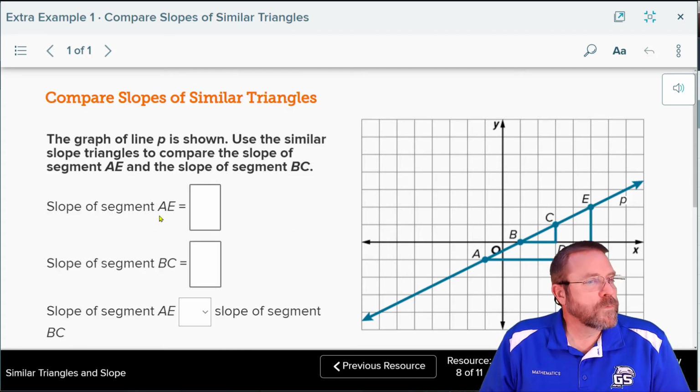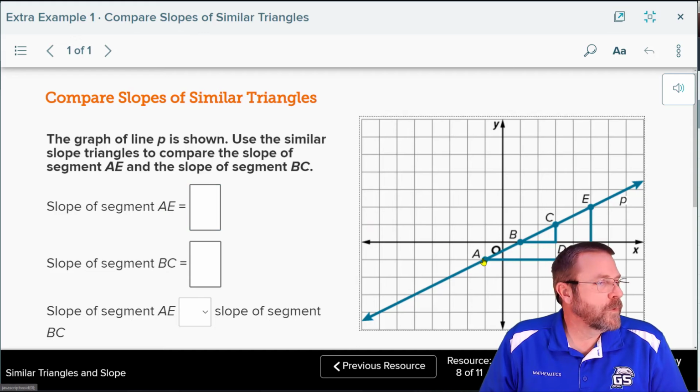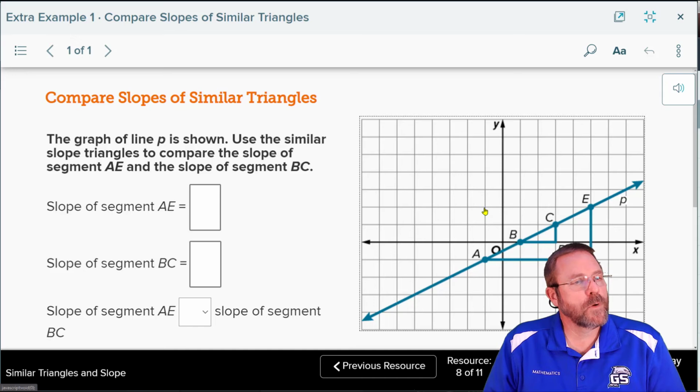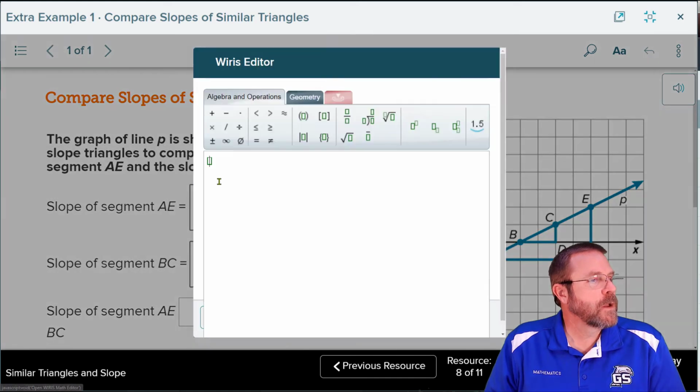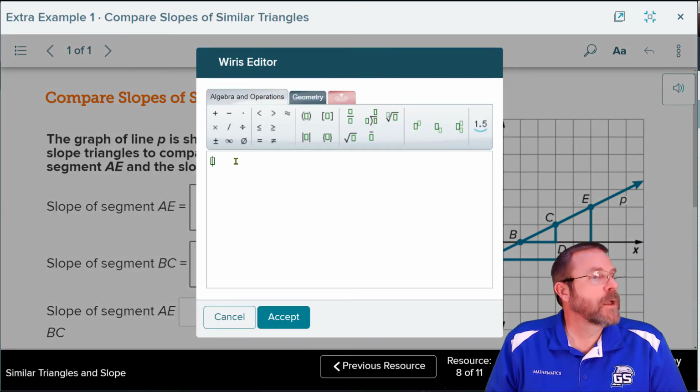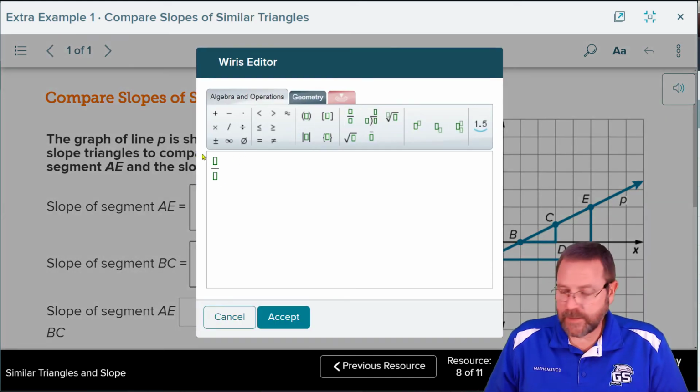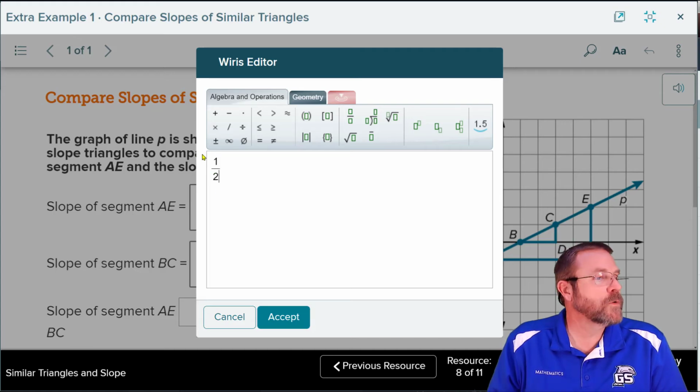So let's take a look. The slope of segment AE goes from this point here all the way to this point here. So we're going to rise 1, 2, 3 over a run of 1, 2, 3, 4, 5, 6. So it is 3 over 6, also known as 1/2, because 3/6 simplifies to be 1 over 2.